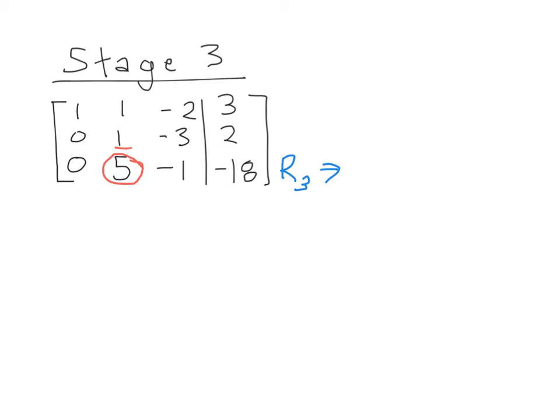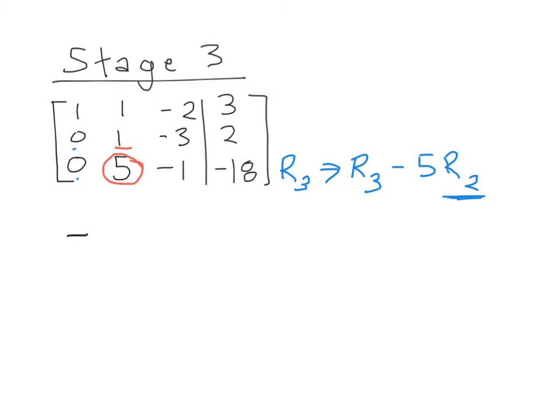What we can do is row 3 minus 5 times row 2. I want to make sure I use the row with the leading one that I just created. Otherwise, I'll destroy the zeros that I took time to create before. If you're destroying zeros you've already created, you're going in the wrong direction.